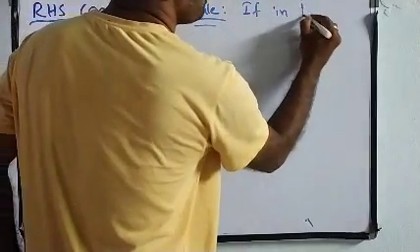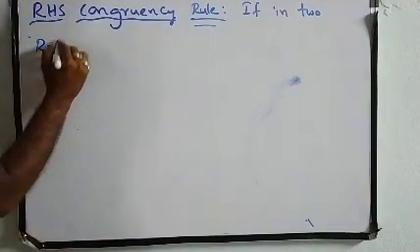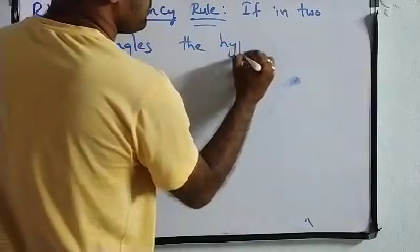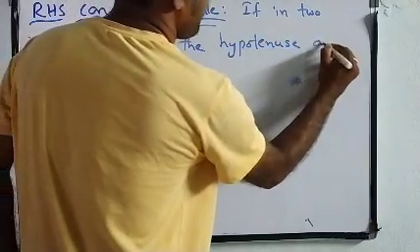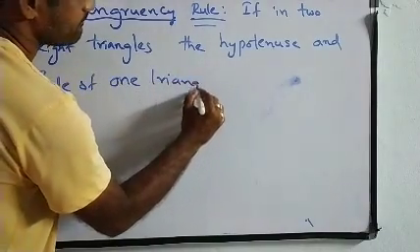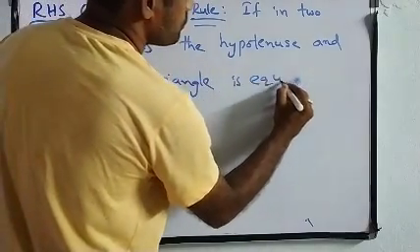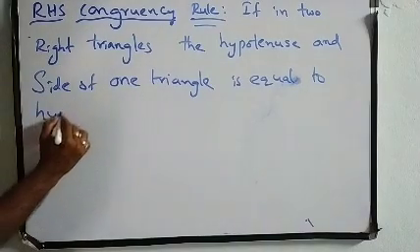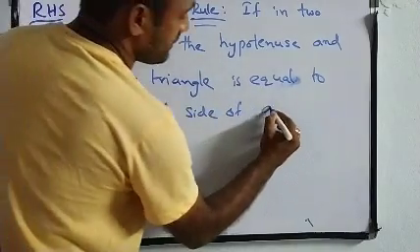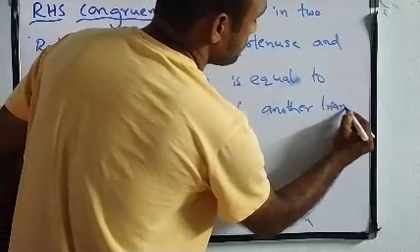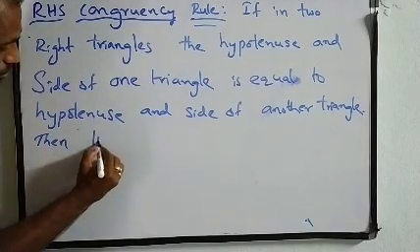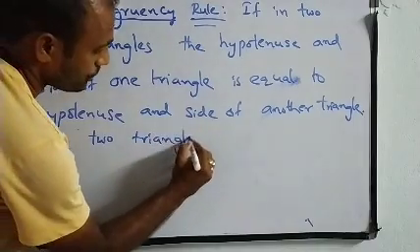If in two right triangles, the hypotenuse and a side of one triangle are equal to the hypotenuse and a side of another triangle, then the two triangles are congruent.